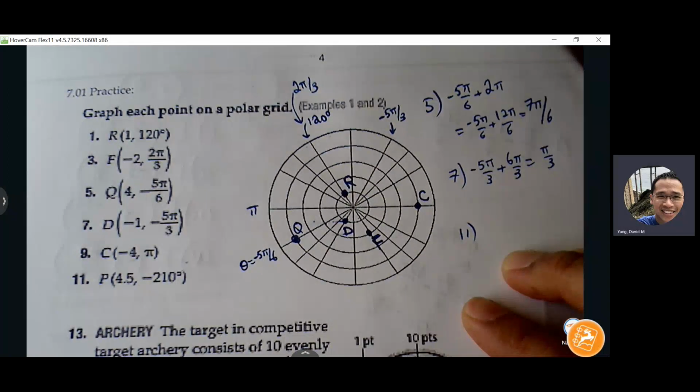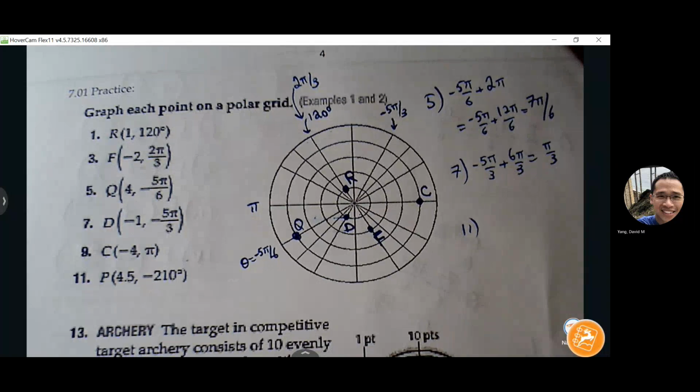What does it look like? Sorry, which problem?